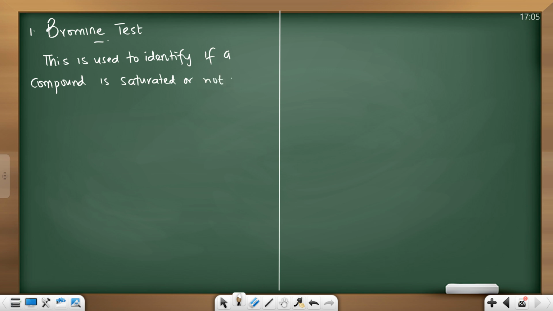We're going to write as quickly as possible. This is used to identify if a compound is saturated or not. Now, bromine water is brown in color.